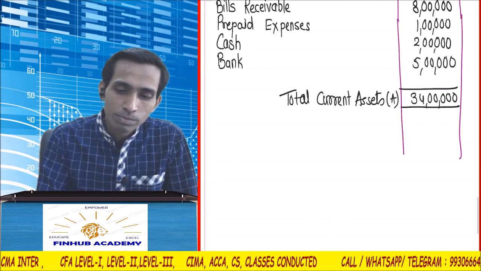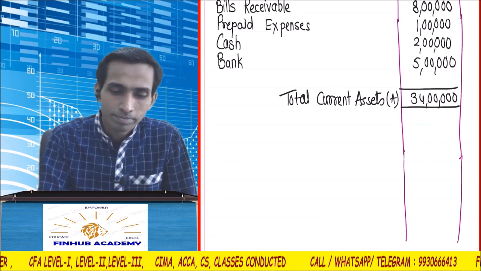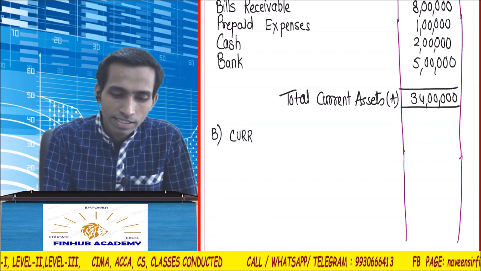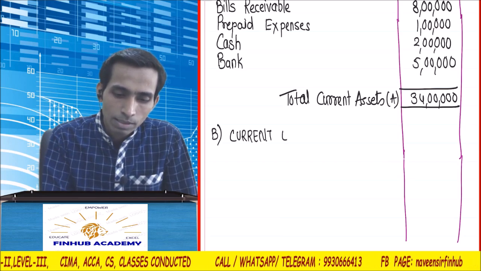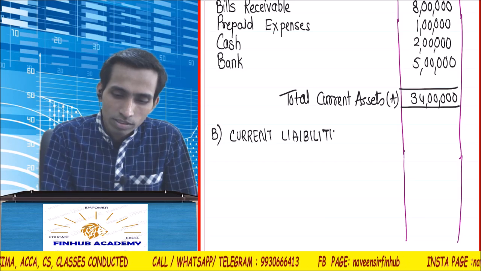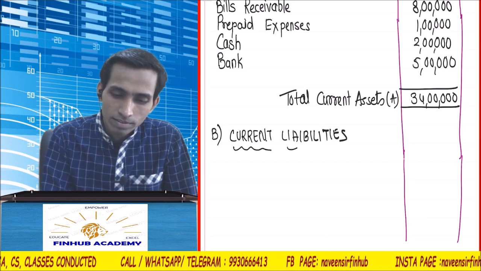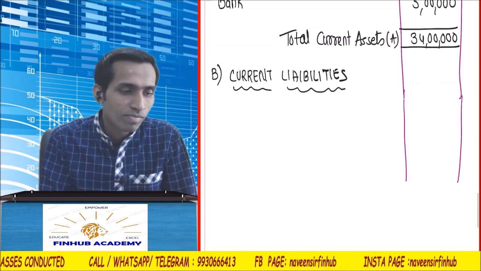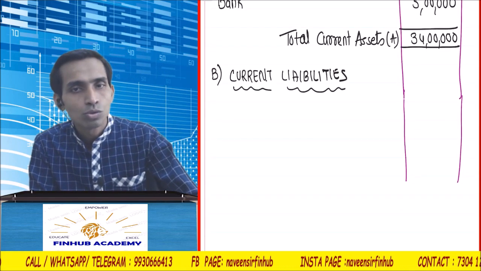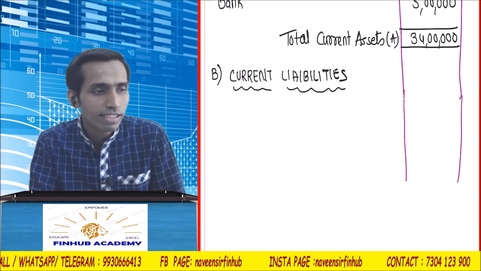Then we will write B, current liabilities. Easy question. This type of question they used to ask in 1975. After that they stopped. Now they don't ask such type of question, so don't expect that this will be the question in the exam.